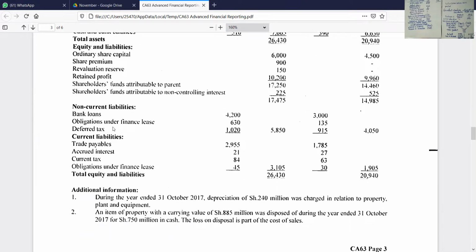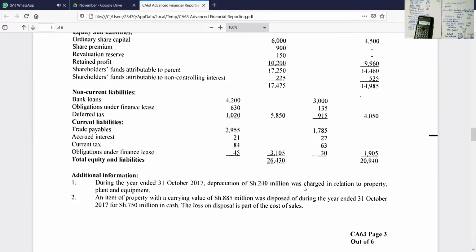So under the current liabilities, the only thing I will check here is the trade payable. At the start, it was 1785.